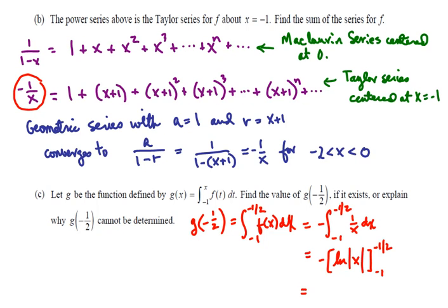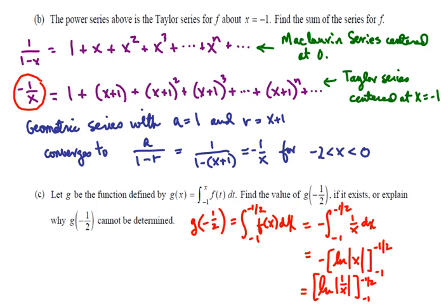Now that negative sign out in the front can really be applied to the natural log, and so an easier way of doing this might be to have ln of absolute value of 1 over x evaluated at -1/2 minus ln of absolute value of 1 over x evaluated at -1.